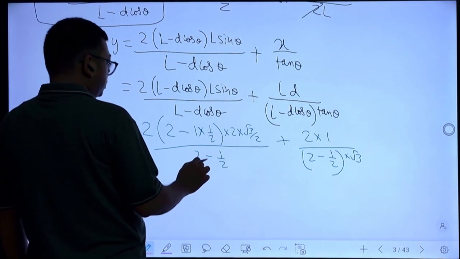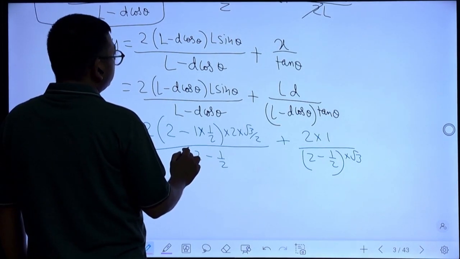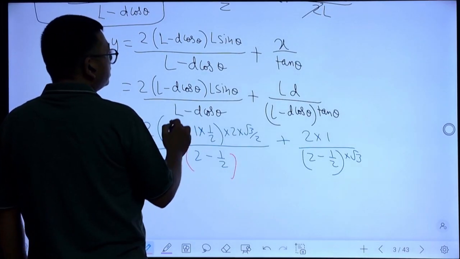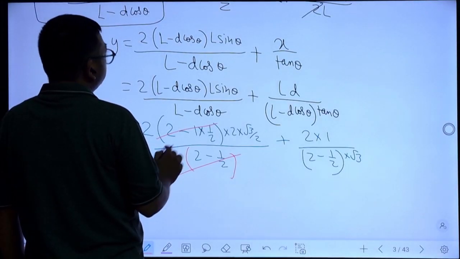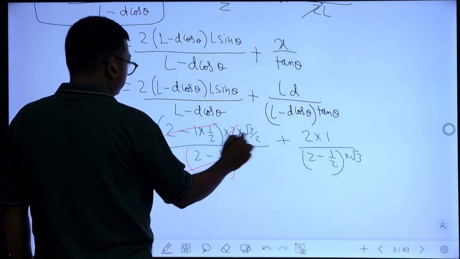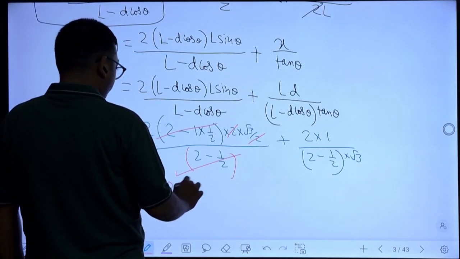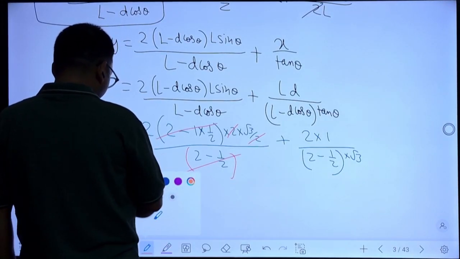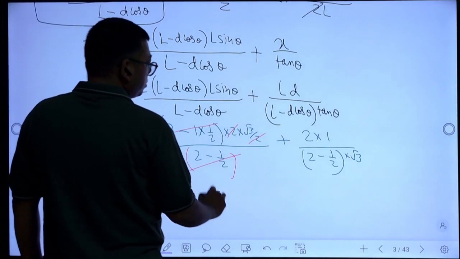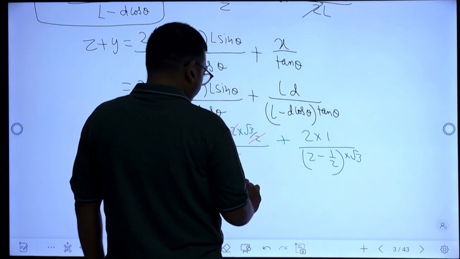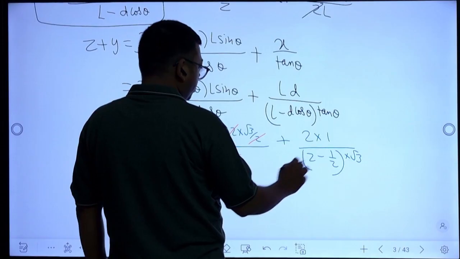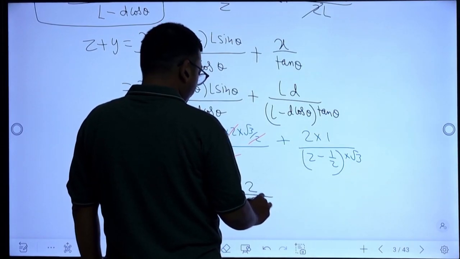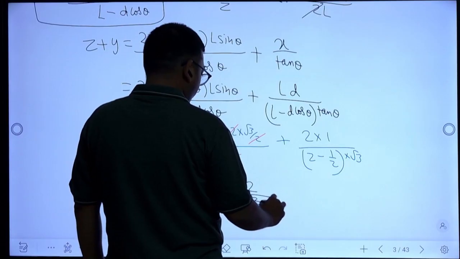Okay, so check this out. I think this term is coming exactly the same now. Anyway, these terms are getting cancelled. Okay, this term let us cancel out. This term got cancelled. This came as 2 root 3, plus here it becomes 2, and it becomes how much? 2 into 2, 4 minus 1, 3 by 2, 3 by 2 root 3.